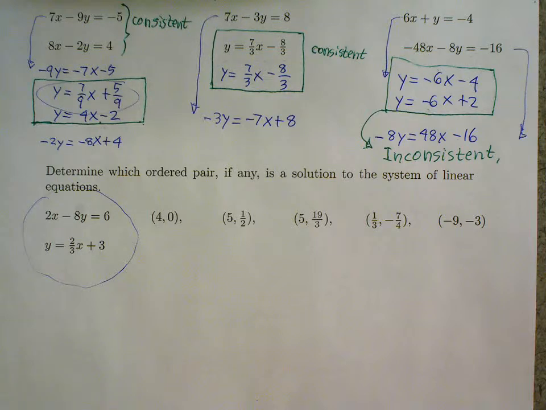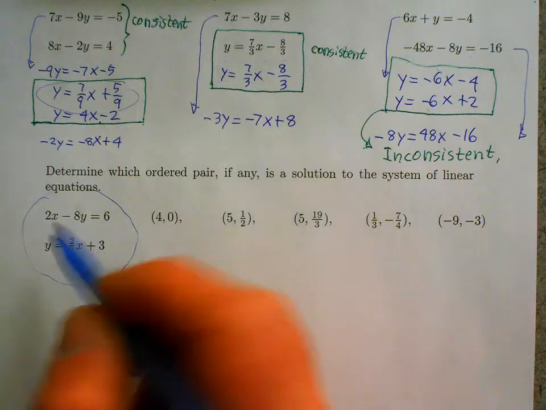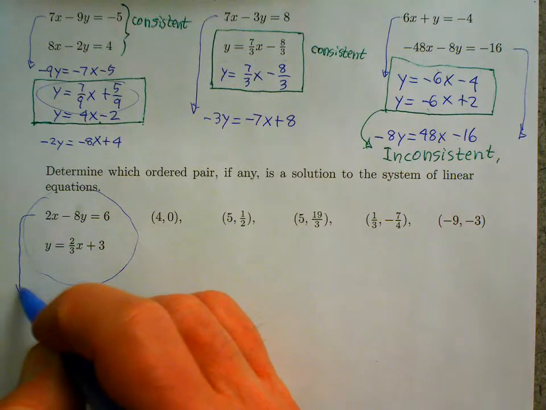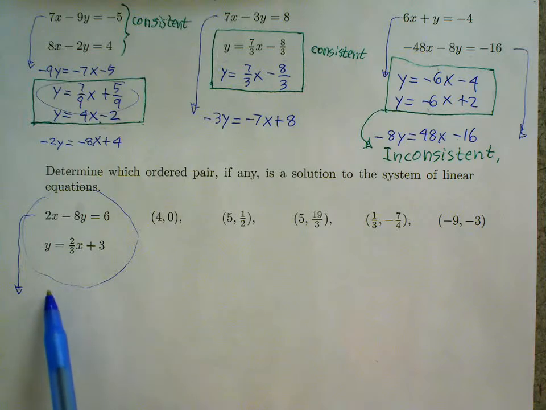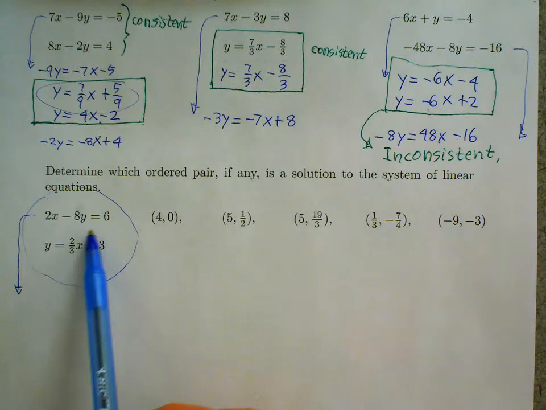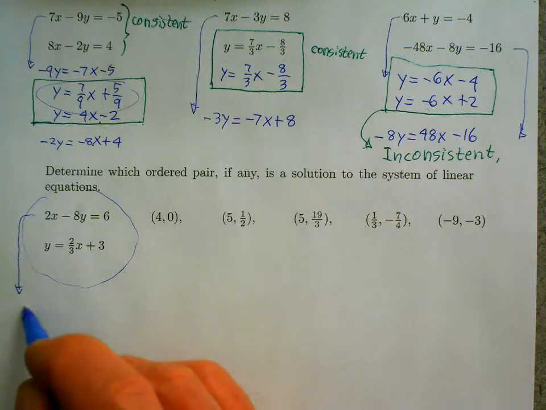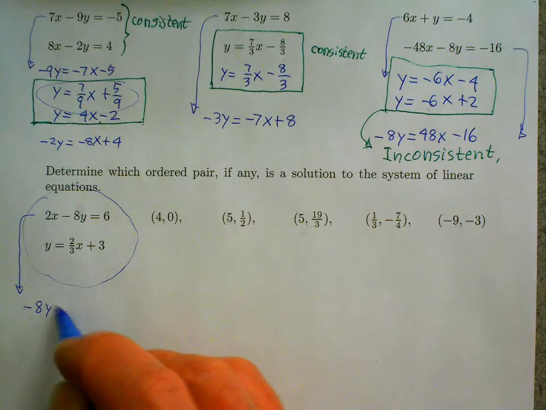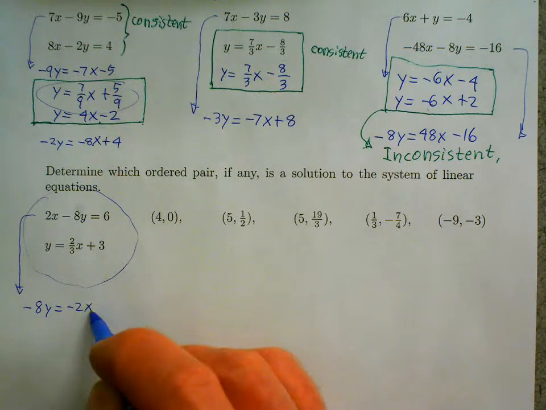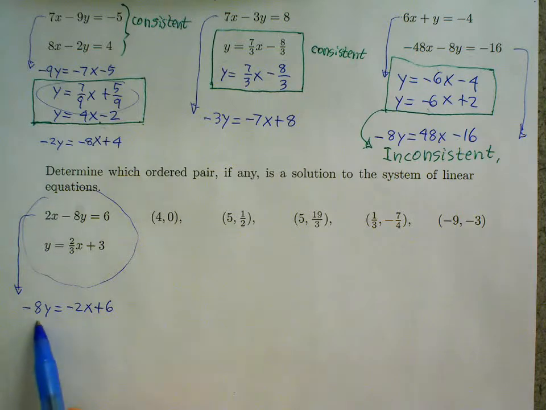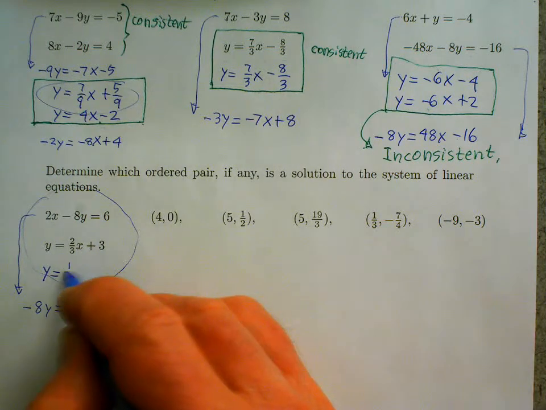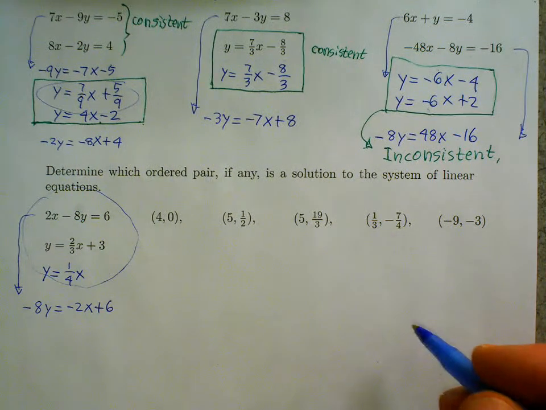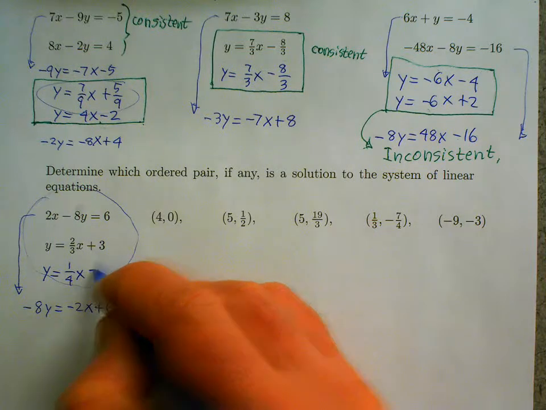have one solution. Well, if you want, you can rewrite the top equation so that it's in slope-intercept form. So if you solve for y by subtracting 2x from both sides first, and then divide every term on both sides by negative 8, you get y equals positive 1/4 x minus 3/4.